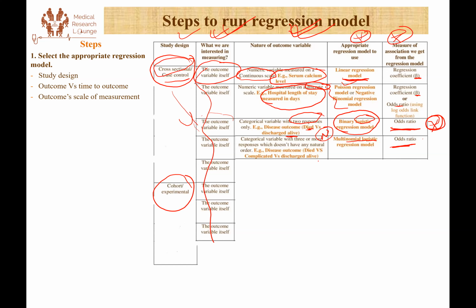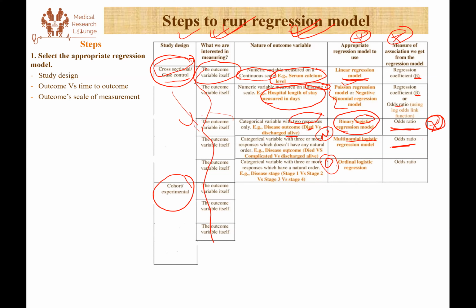When this categorical response has 3 or more responses, just like the above one, but when they have a natural order, that means when it's an ordinal variable, like stage 1, 2, 3, 4 for a malignancy, for example, these are ordered responses. A patient goes through every stage to reach stage 4.